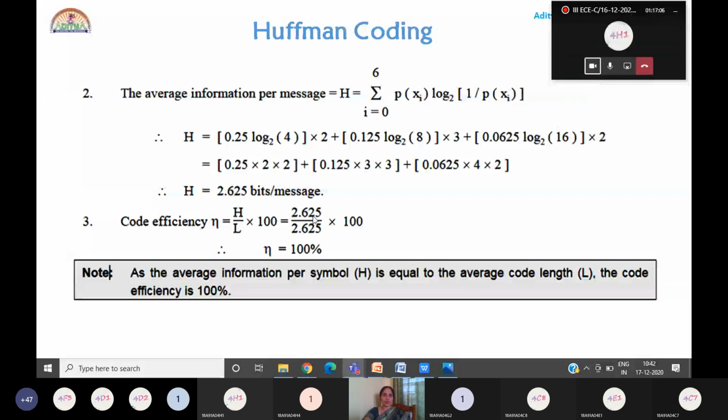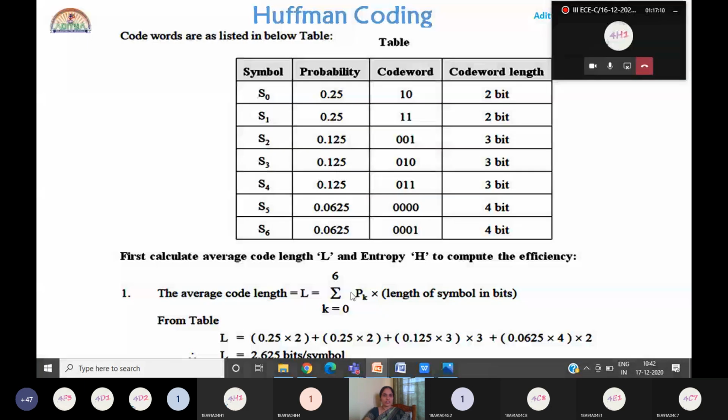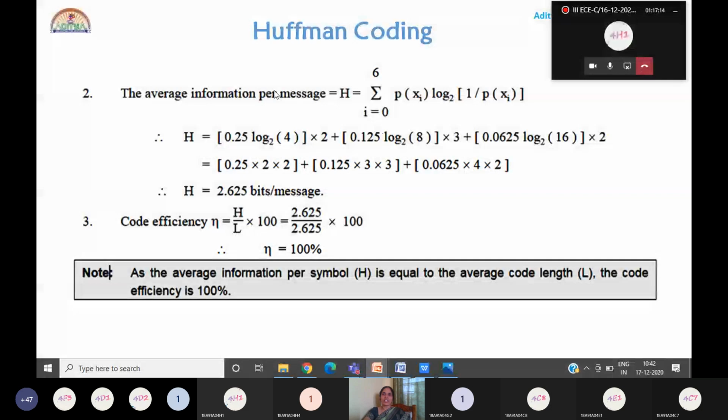So we update it as 2.625. Now let us calculate the entropy. I think you are very familiar with calculating the entropy. You can write log 1 by p of xi, and don't put a negative sign, but if you write it as log p of xi, please put a negative sign prior to the summation.